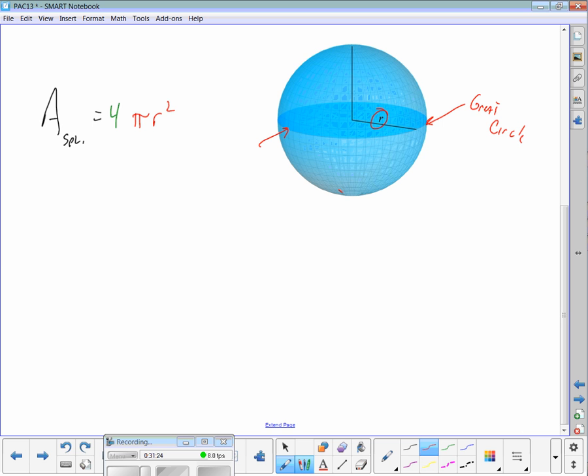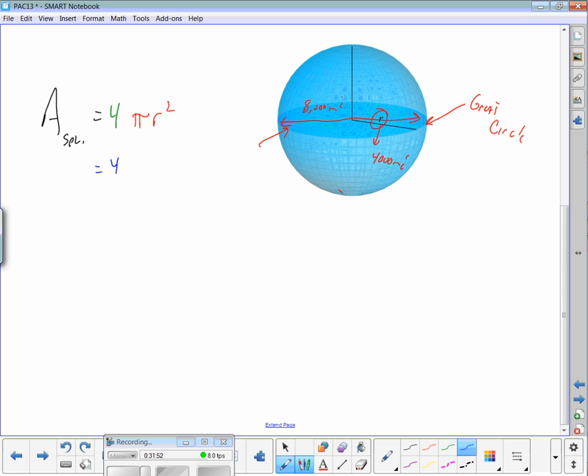Rough figure, the diameter now, not radius, diameter is about 8,000 miles. So therefore, the radius of the Earth is roughly 4,000 miles. It's a rough estimate, but it gets you close. So grab your calculators.